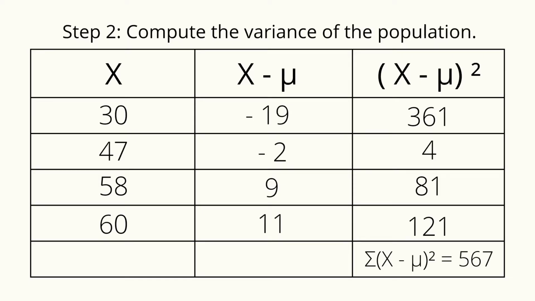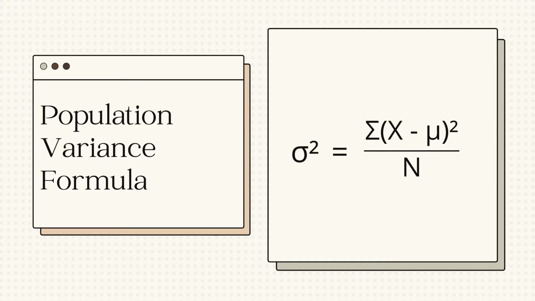Subsequently, we will now add the numbers obtained in the third column. So 361 plus 4 plus 81 plus 121 equals 567. Since we now have this value, we will now solve for the variance of the population. The formula for the variance of the population is sigma squared equals the summation of x minus the population mean, squared, divided by n.